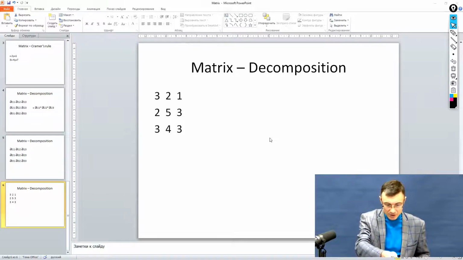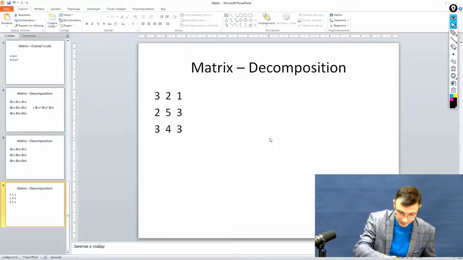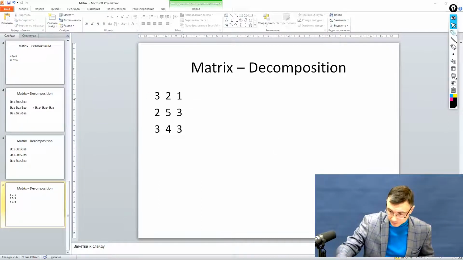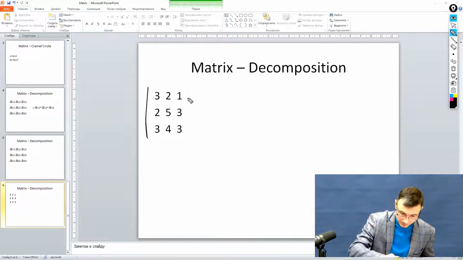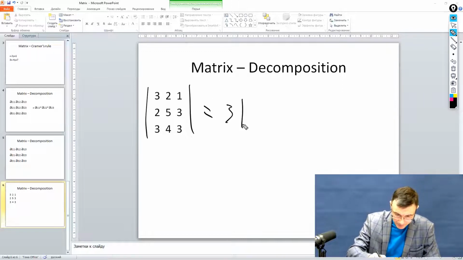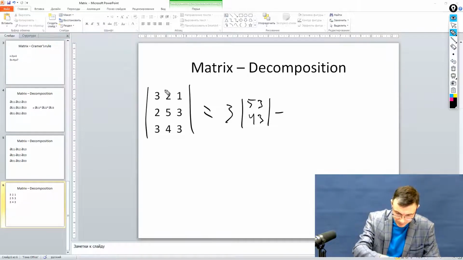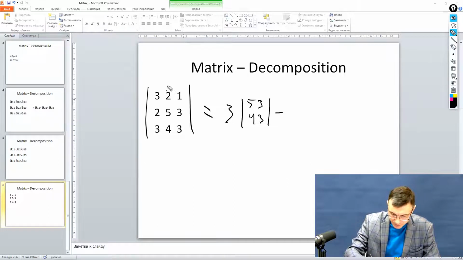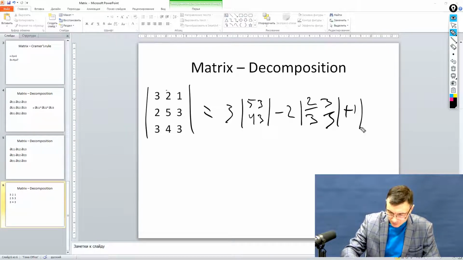By decomposition by the first row, it will be 3, then we have this minus, and the last one.